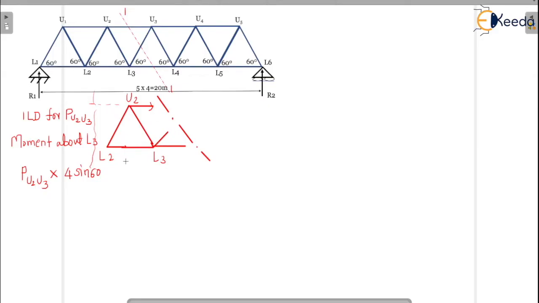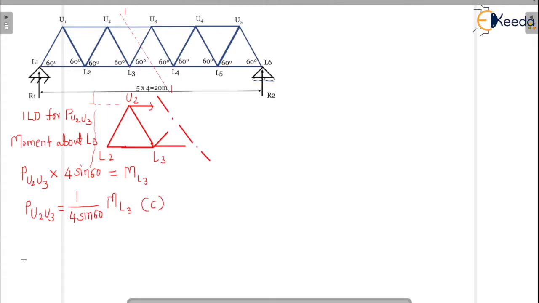So it will give us the moment about L3. Let us simplify it: 1 by 4 sine 60 goes to this side into the moment about L3. If it is like this, we can consider it as compressive.